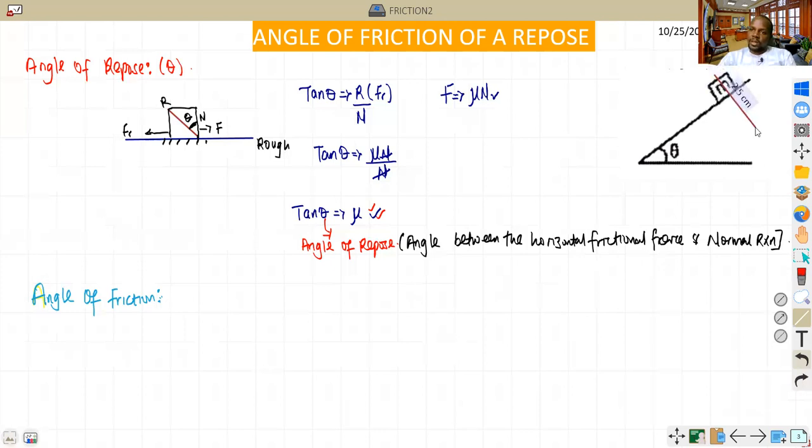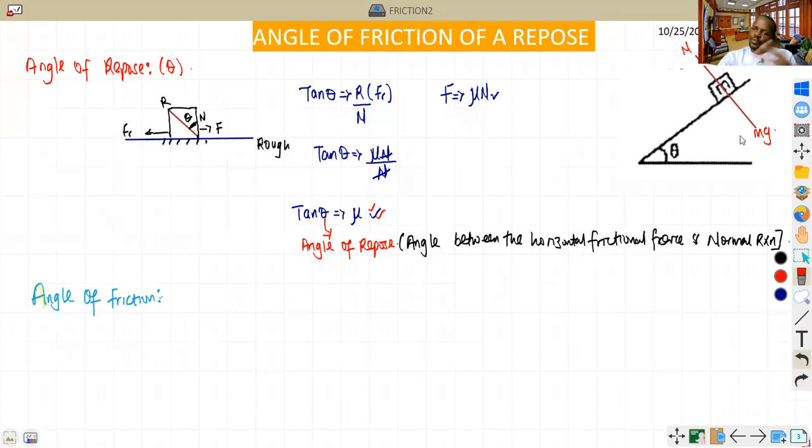I'm just trying to bring out a line for understanding's sake. Please watch. The normal reaction N is acting upward at this surface. The weight of the block is acting downward.